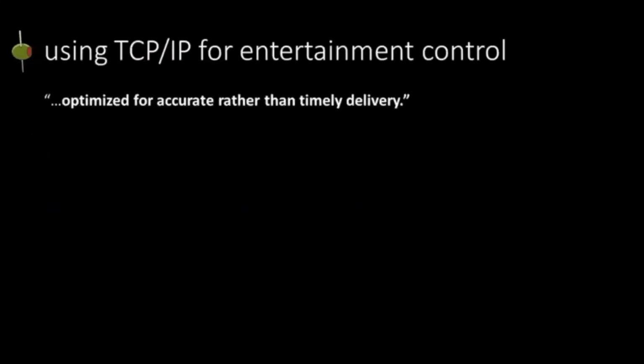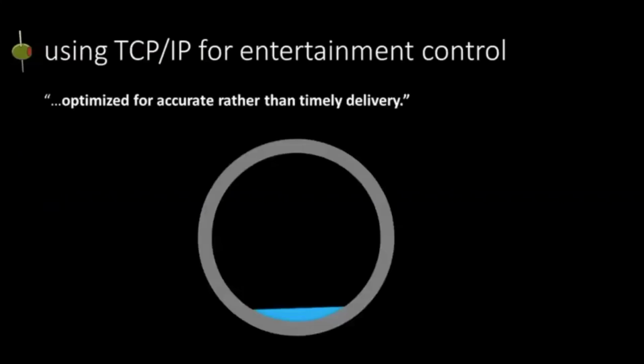So networking is here to fight us, right? Remember, very early on I mentioned that the Ethernet protocol is optimized for accurate rather than timely delivery. That's a problem for what entertainment networks need to do. So from a theoretical standpoint, the decisions we make are designed to keep our pipe at as low a normal level of operation as possible.